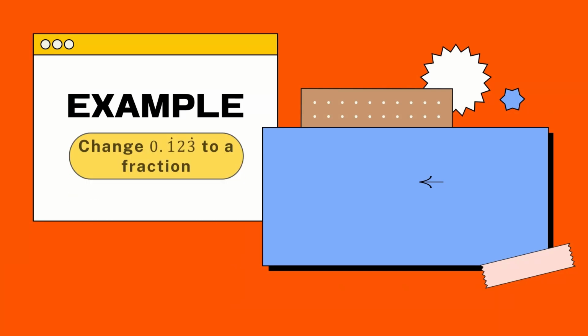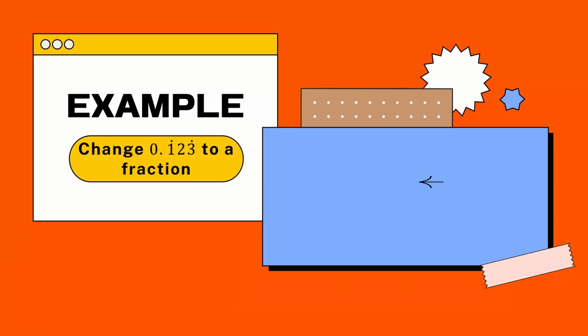Okay, so here is one example. We are asked to change 0.123 recurring to a fraction. Please notice that we have dots on digit 1 and digit 3, but it doesn't mean just the digits 1 and 3 get repeated.